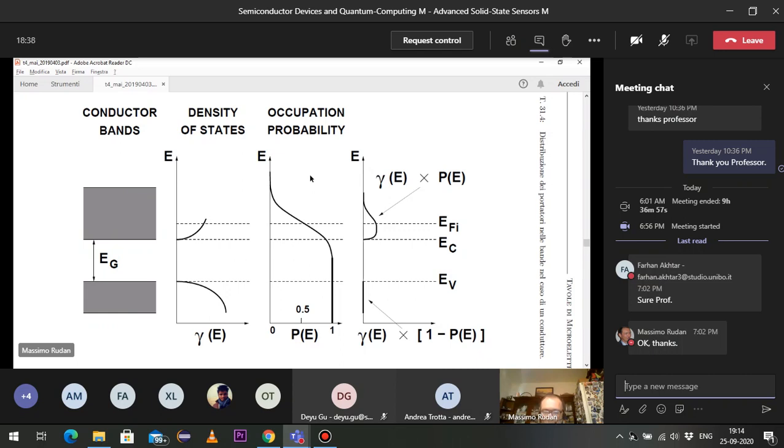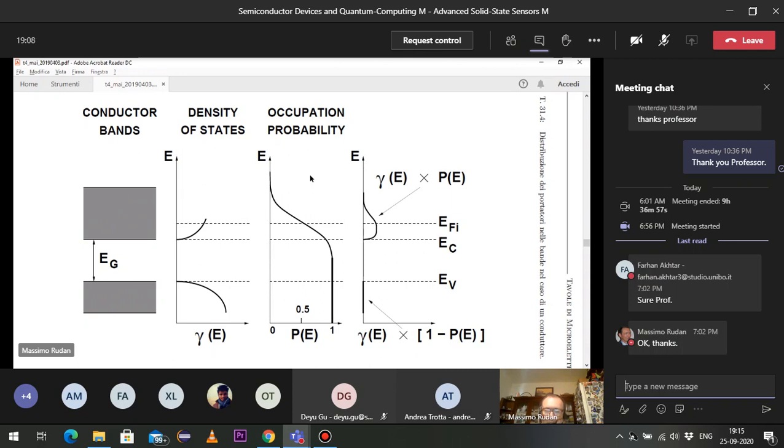We may also qualitatively try to understand whether the conductivity depends on temperature. Of course, when we talk about conductivity, we must think of the conductivity calculated at equilibrium, so some quantity that is proportional to the concentration.